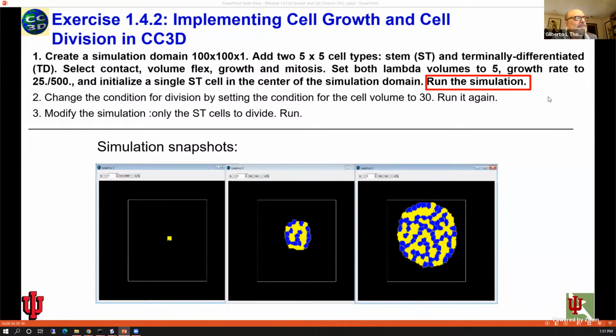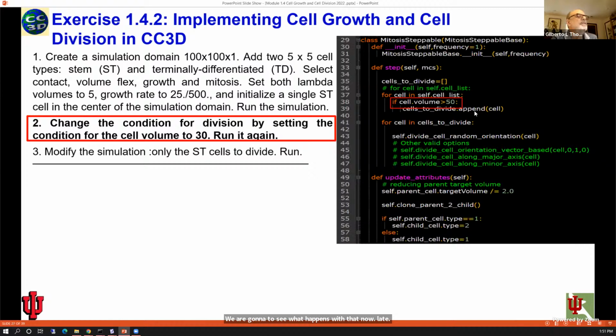Okay, I think the time has already passed, so that allows you to see the final configuration here. If you keep running, it will fill the space. We are going to see what happens with that also later. Okay, so now we are going to change the rules.